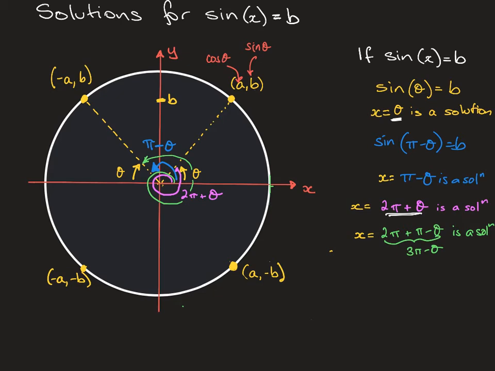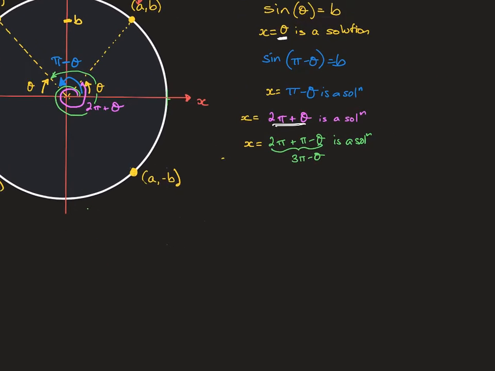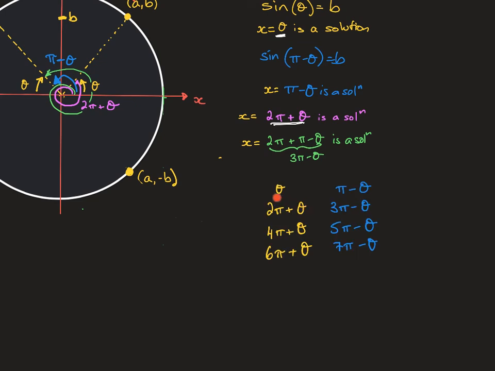Once we have our two initial solutions, which are theta and pi minus theta, then we can generate an infinite number of other solutions by adding 2 pi onto each of our answers from there. That might look something like this. The yellow column here has our solutions for theta at this point up here, and each time we rotate we're adding 2 pi to get to this value again.